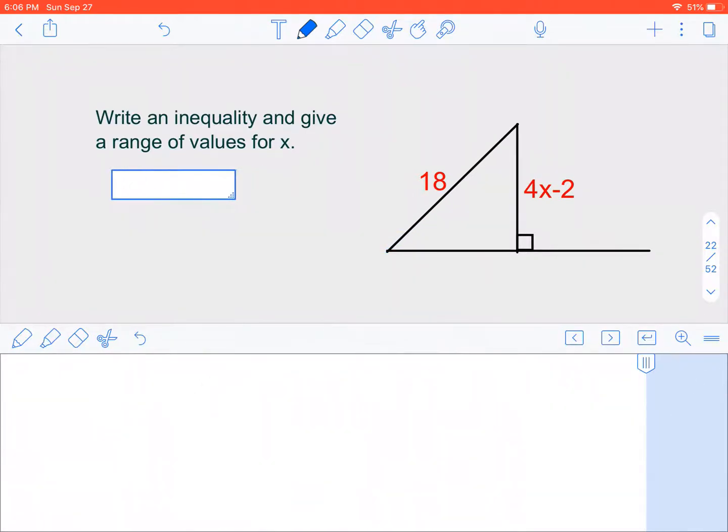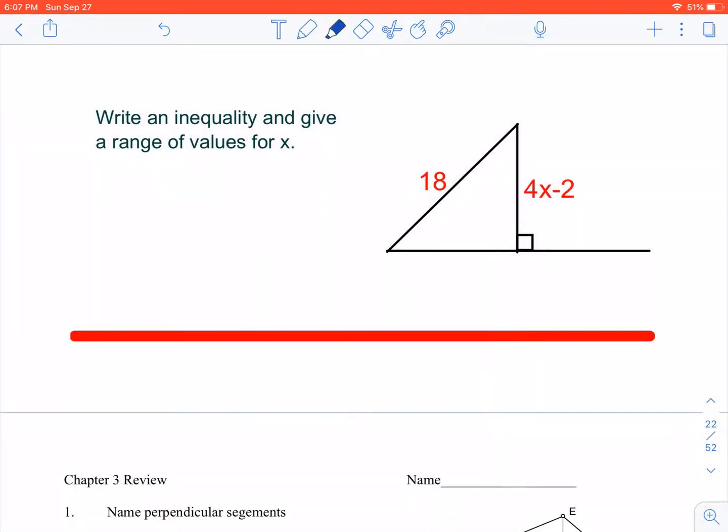Alright, last one here. One theorem about triangles is that the hypotenuse has to always be longer than this or this side. There is no case in a triangle where the hypotenuse is shorter than either of the other two sides.